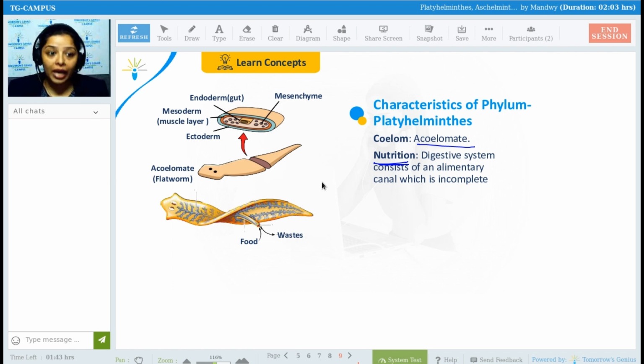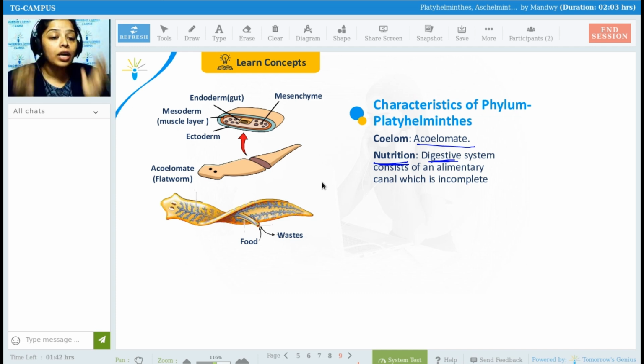Some are free living Platyhelminthes, for example planaria. They will feed on the zooplankton or the phytoplankton, okay? And then these food particles will enter into the digestive system. We already know that Platyhelminthes is the first group from where the organ level of organization starts.